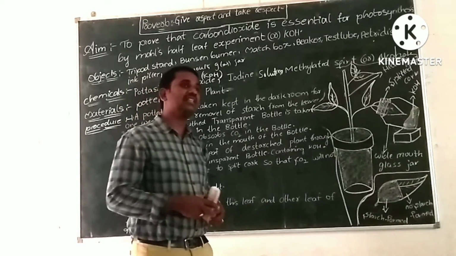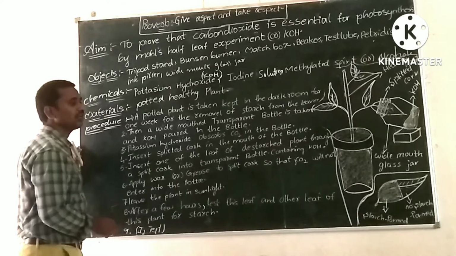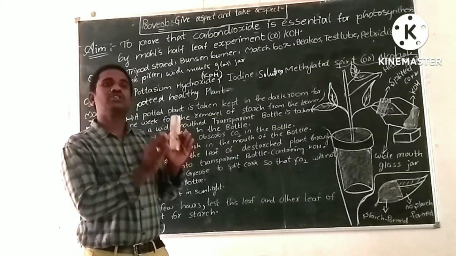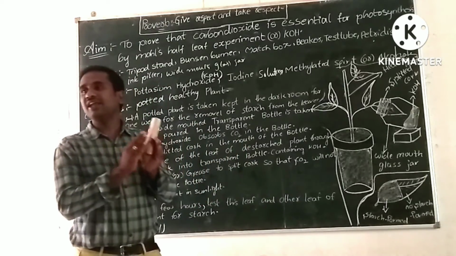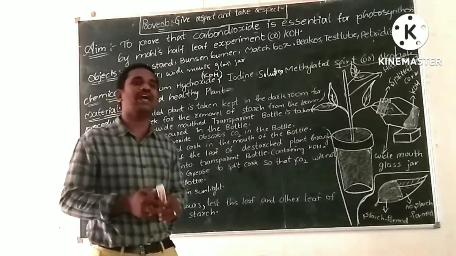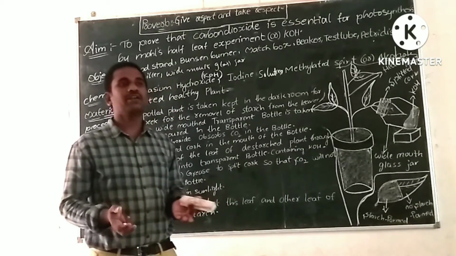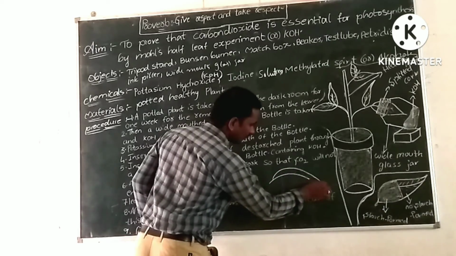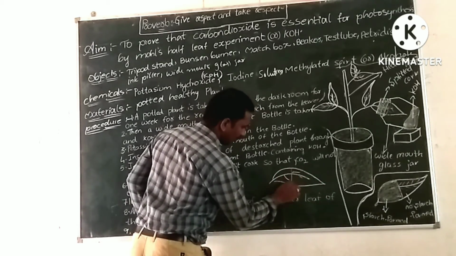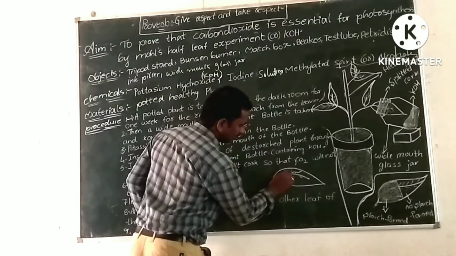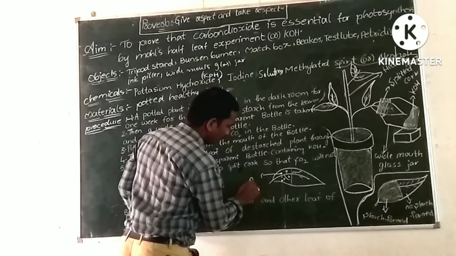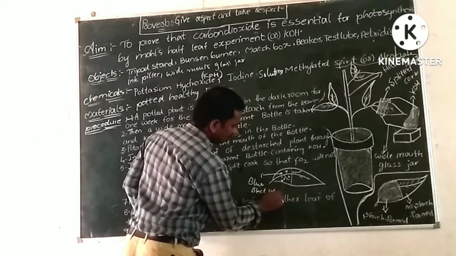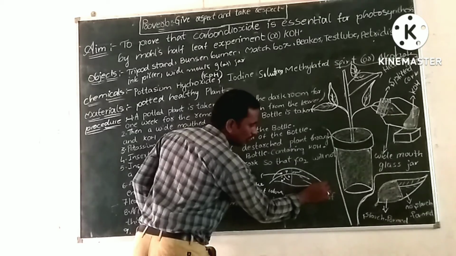After the iodine test, we get this observation: half of the leaf turns blue-black, and the remaining half does not show any color.